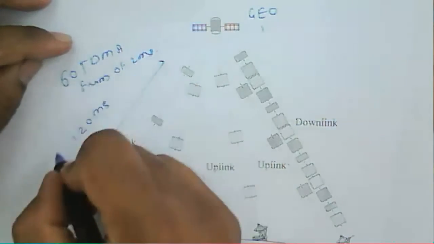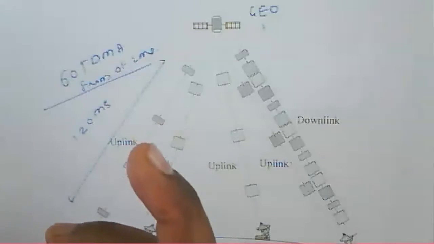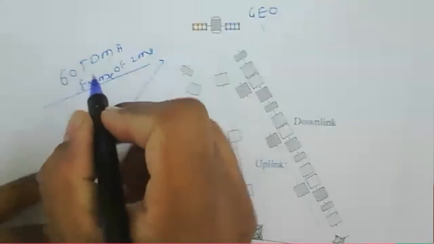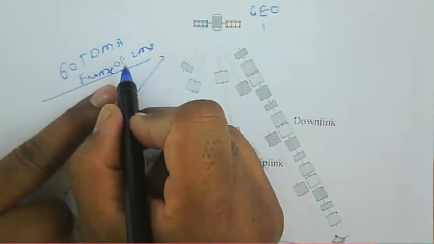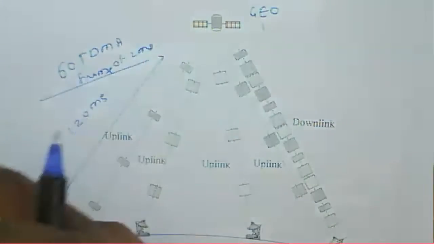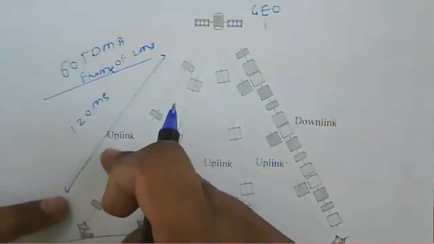Okay, 2 into 60 is 120 milliseconds. If one frame is 2 milliseconds and we have 60 TDMA frames, that can be transmitted by the Earth station. That is nothing but the delay here.